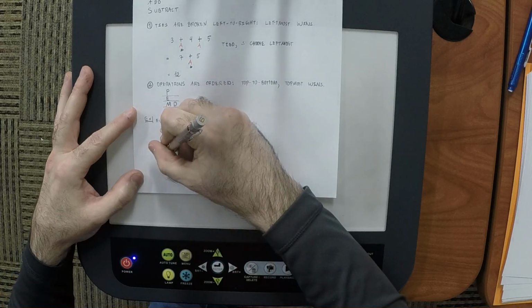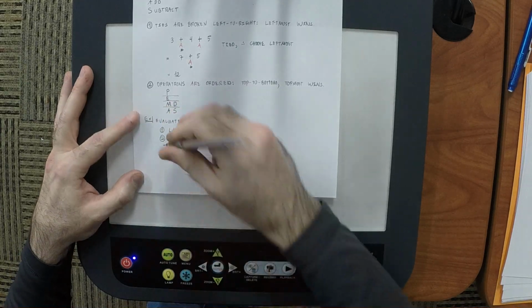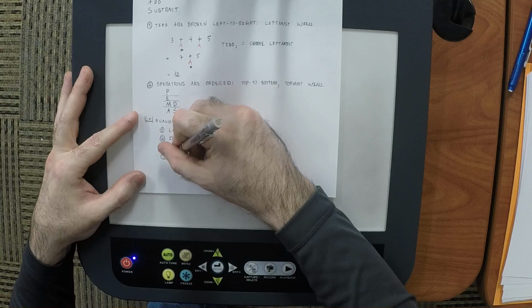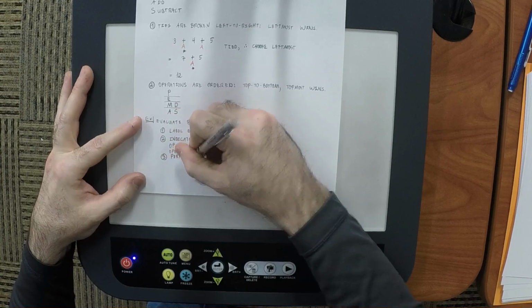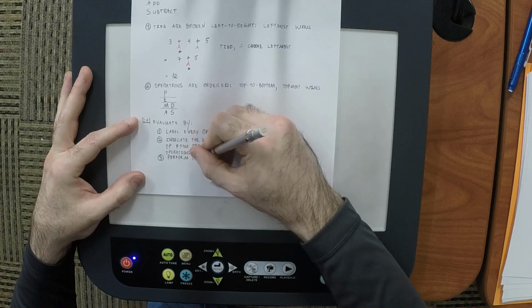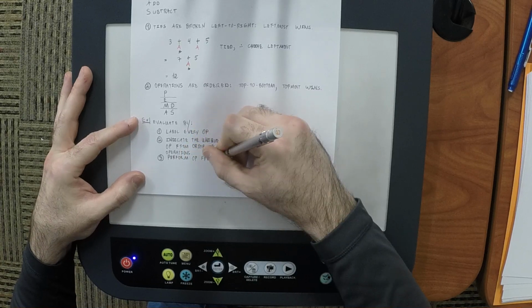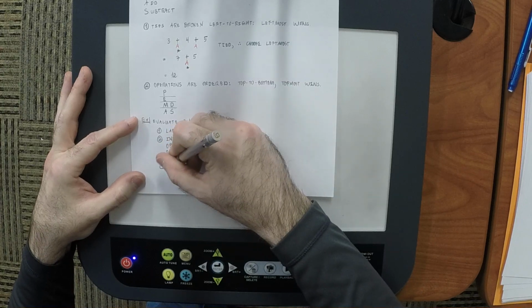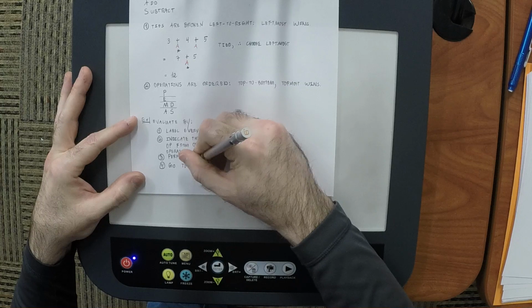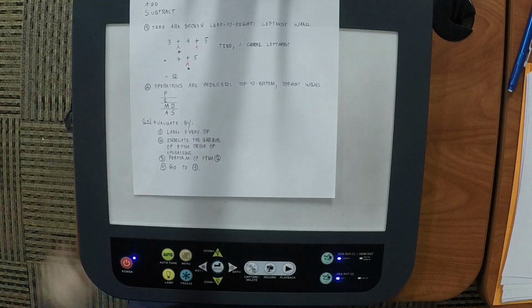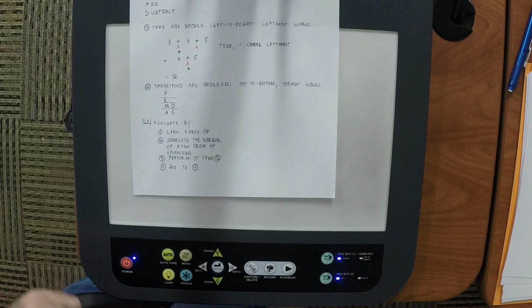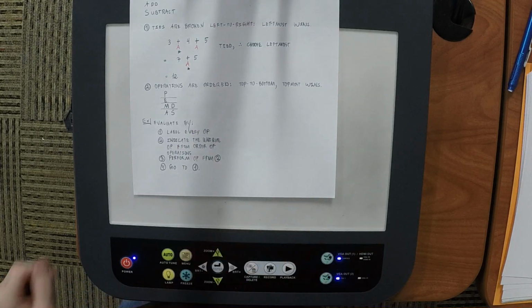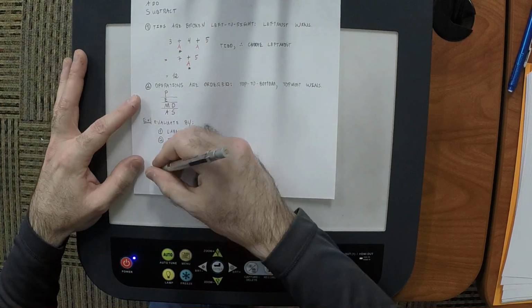Three, perform that one op. And then four, go to one, and stop when there's no more operations. Okay, so then the expression we're going to evaluate is this one.